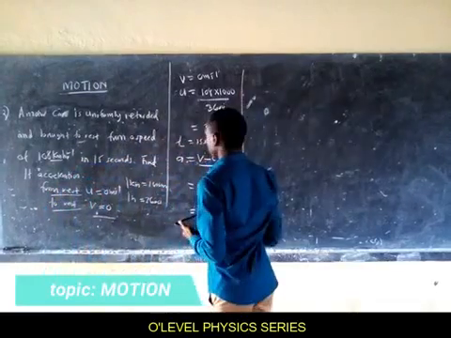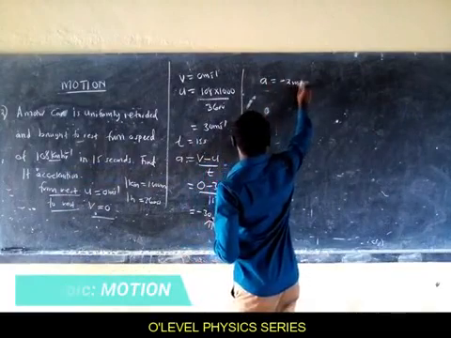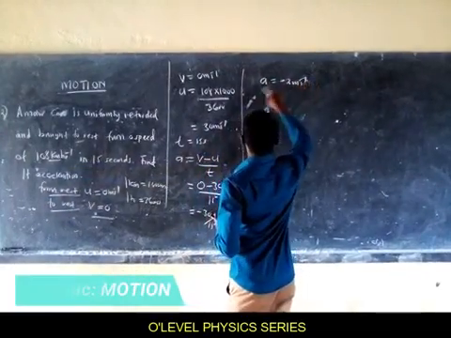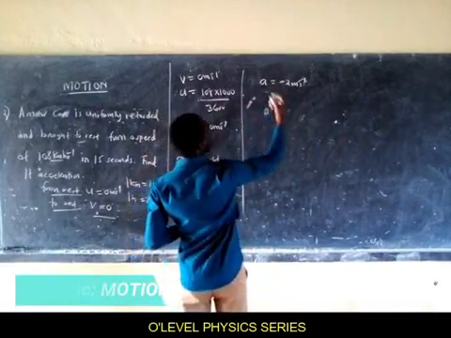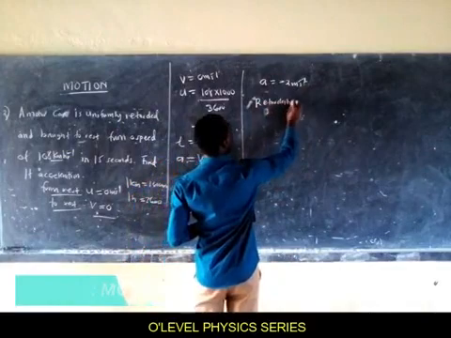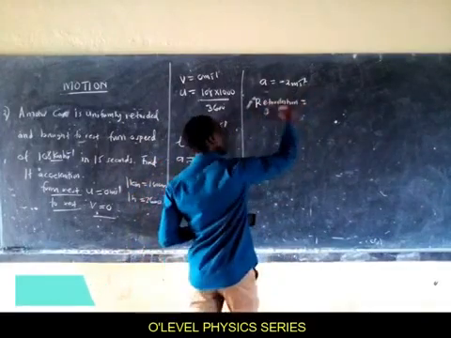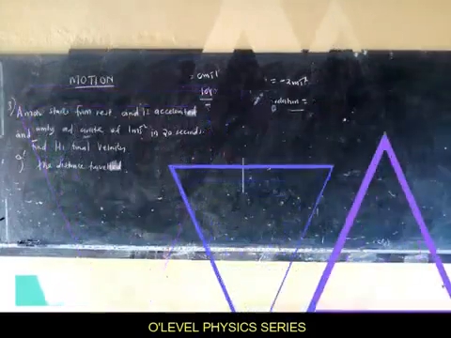So in this case, my acceleration is negative 2 meters per second squared. This is the same as retardation. We could say retardation is given by positive 2 meters per second squared.